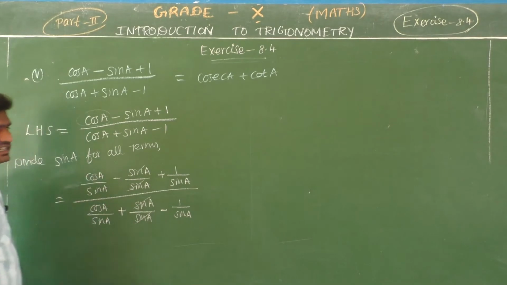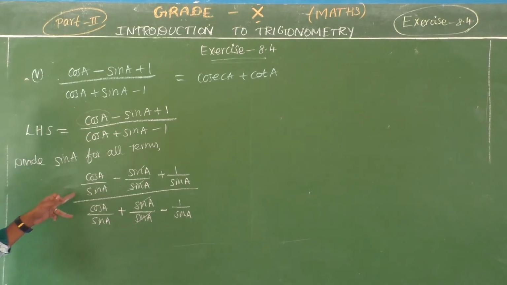Now sin will be cancelled, and cos by sin is cot.